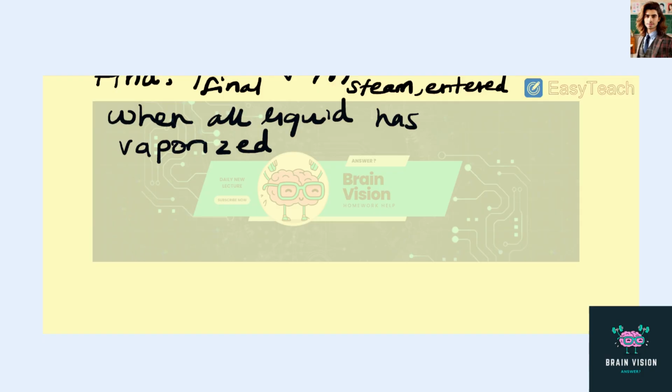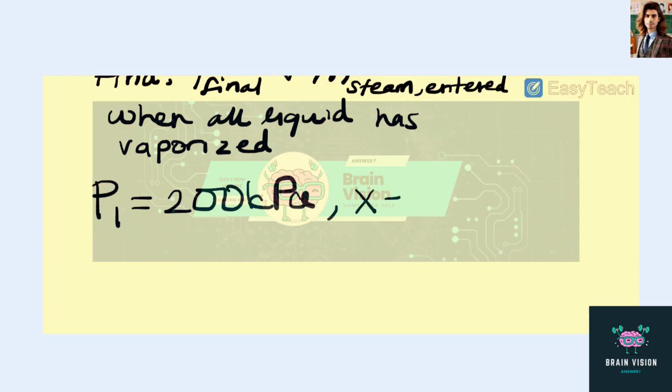We know that these tables, A-4 through A-6 in the textbook, can give us the pressures, and by using the pressures we can find the enthalpies. So we know that the pressure inside is P1 equals 200 kPa. And we know the quality is 0.6 because we have 10 kilograms total, and 6 kilograms is vapor.